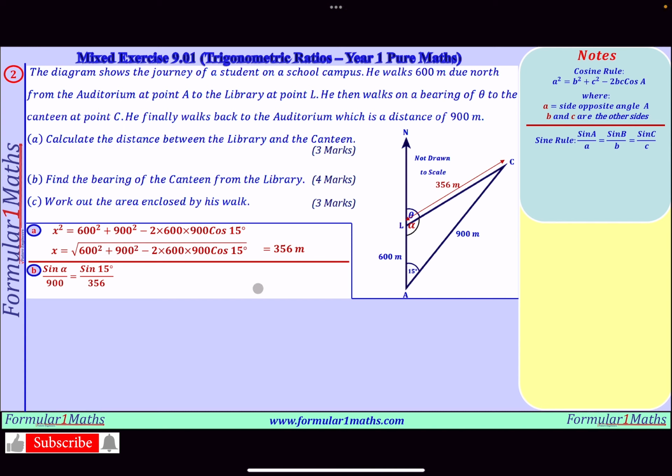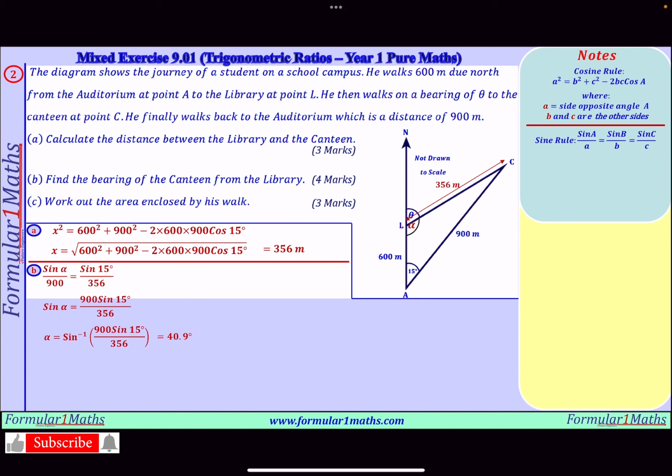I'll then rearrange to get sine alpha equals 900 sine 15 over 356. And then find alpha by doing sine inverse of all that. Put that in the calculator, and I'm going to get 40.9.